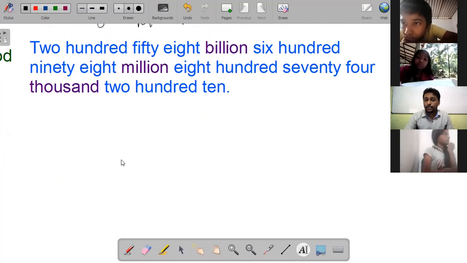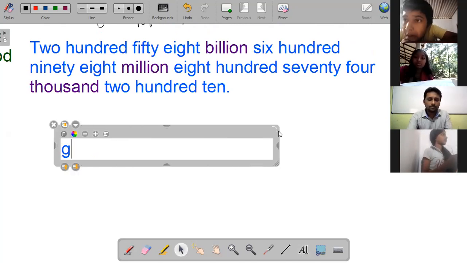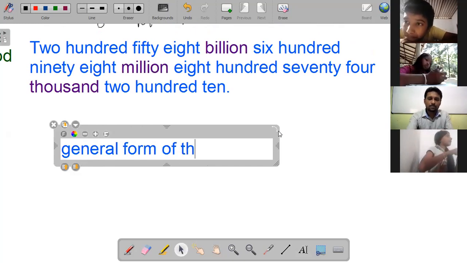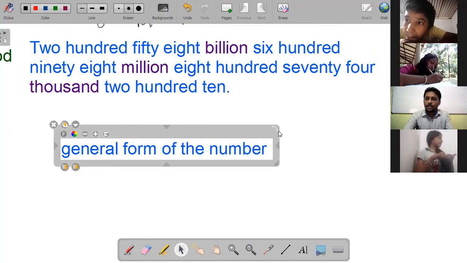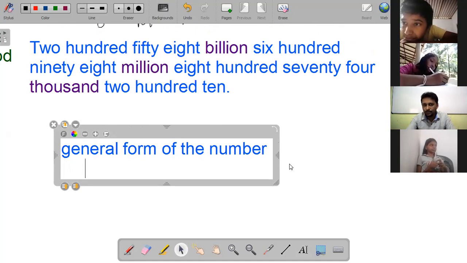Also, I did not mention earlier this word, general form. General form means writing the number without separating into periods. This number writing method is known as the general form. Right? Writing the numbers together without separating into periods, what do we call it? General form. Also, you can write it down using a different color pen.